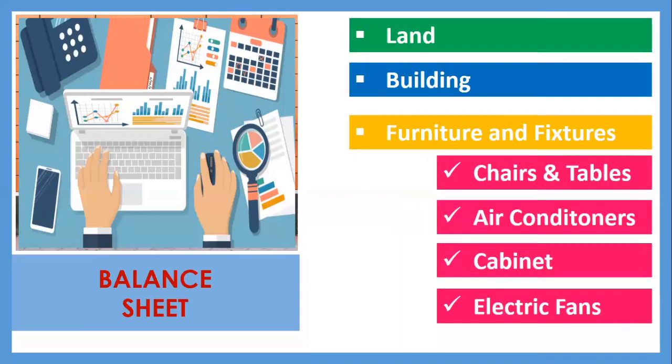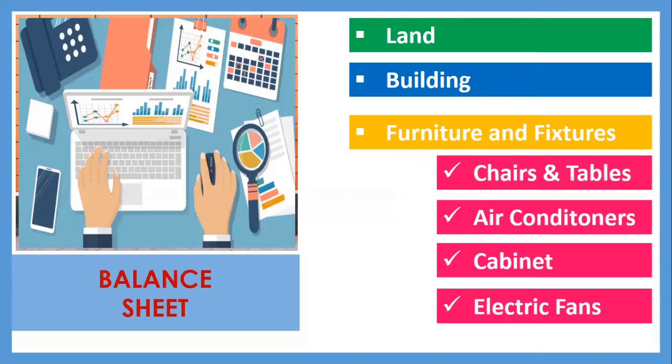Land is owned by the company and used in business, and it is classified as an investment. Remember as well that land is the only asset that will not depreciate because it has continuous usage, okay? So its usage will never end.